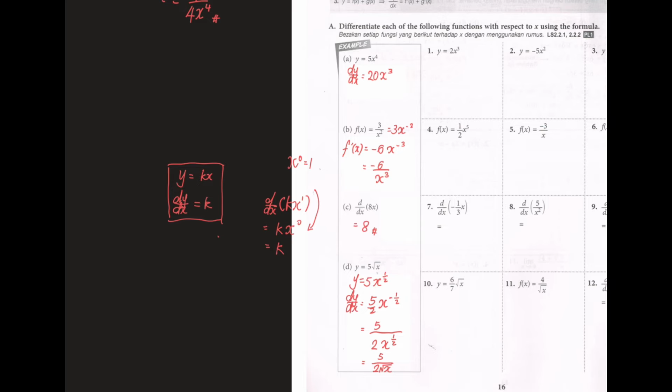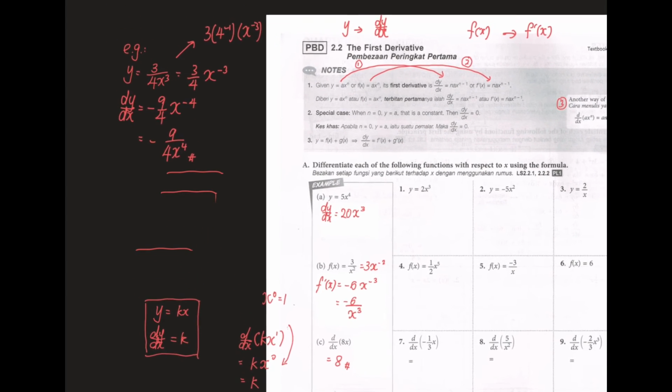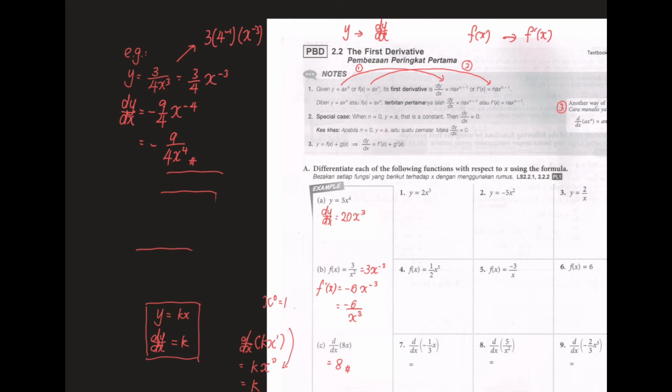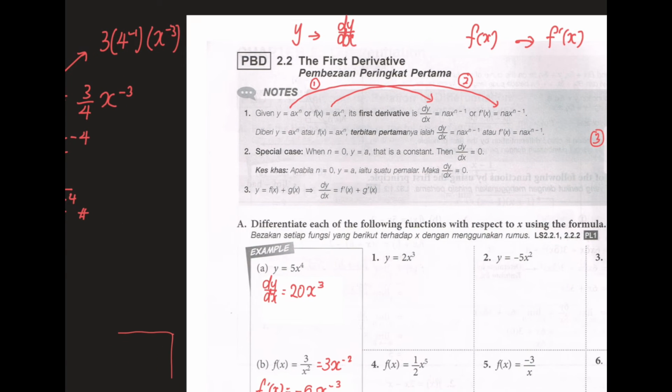When you have these things, I think of another example, which is the situation written in number 2. You try to look at this. Special case, when n equals 0. That means imagine we have ax to the power of 0. X to the power of 0 is basically 1.